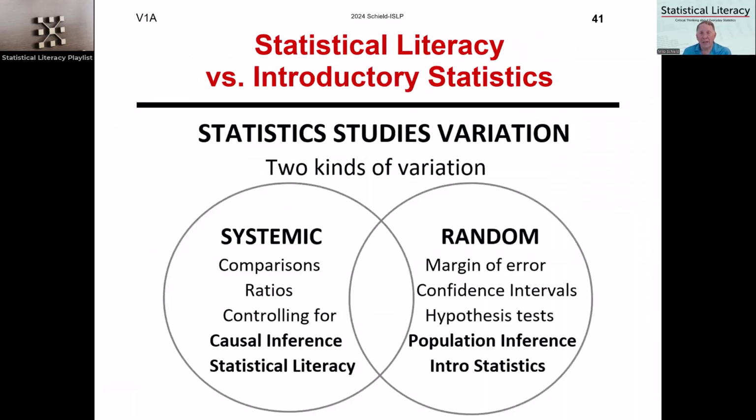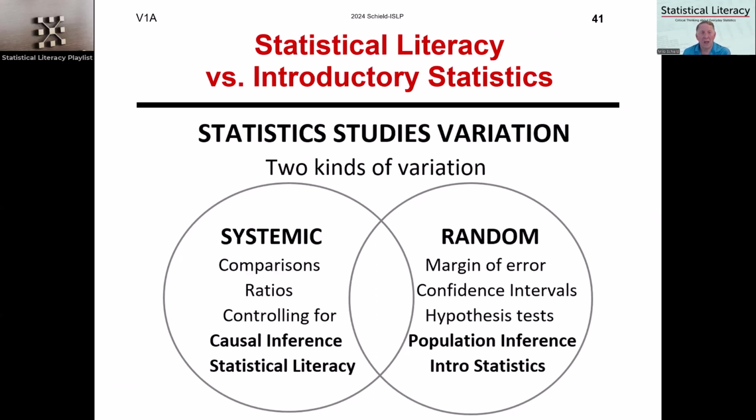How does it relate to traditional statistics? This is how I see it. For me, statistics studies variation. There are two kinds of variation. Random on the right, where we do margin of error, confidence interval, hypothesis testing. As chat says, that's population inference. That's intro statistics.